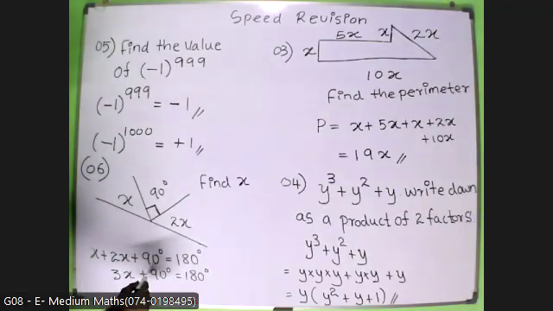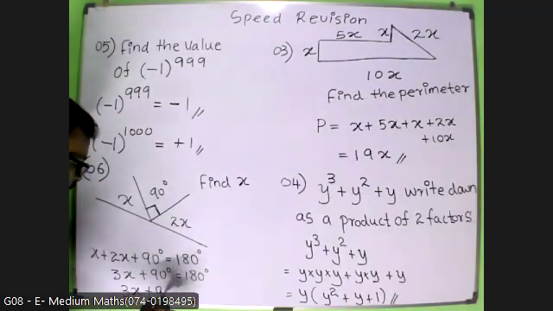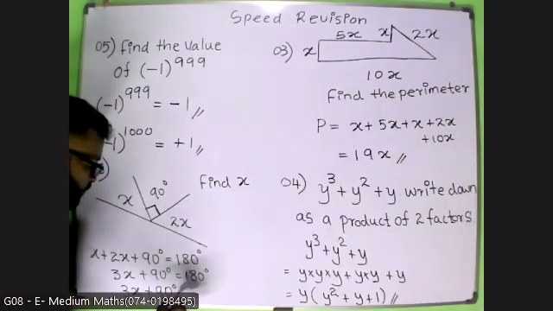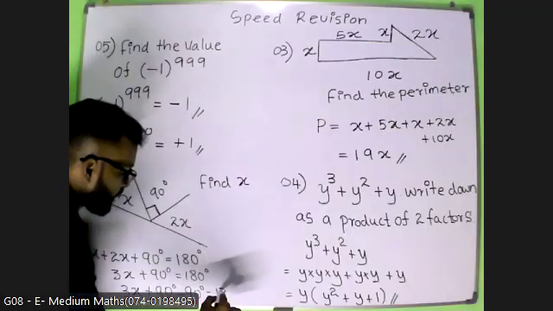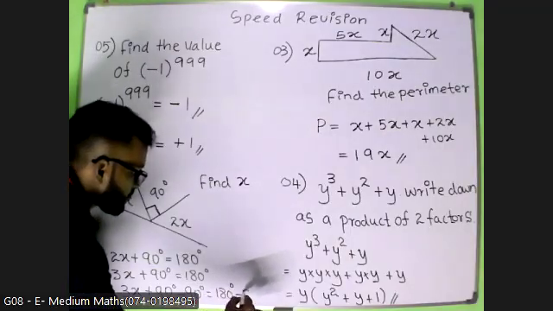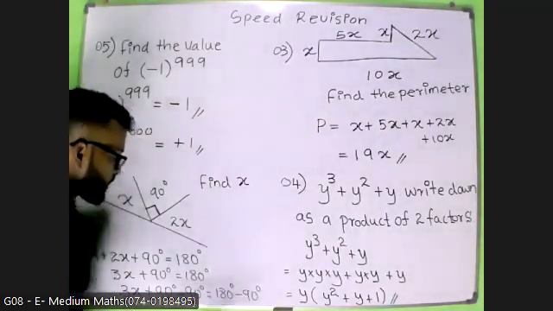If you want to remove that 90, what can you do? Subtract 90 degrees from both sides. 180 minus 90 degrees.